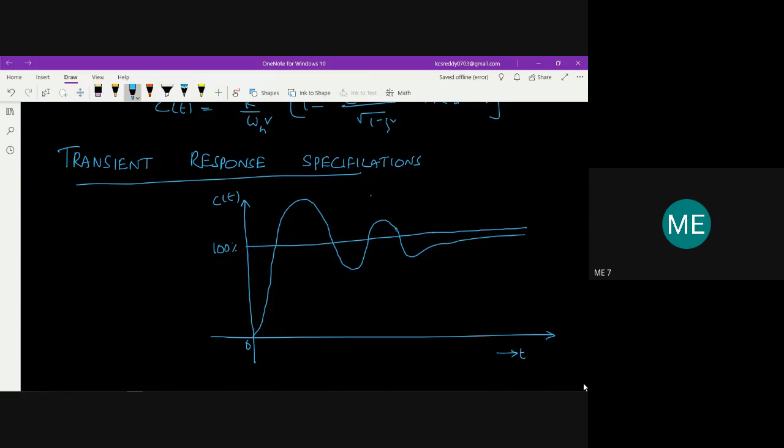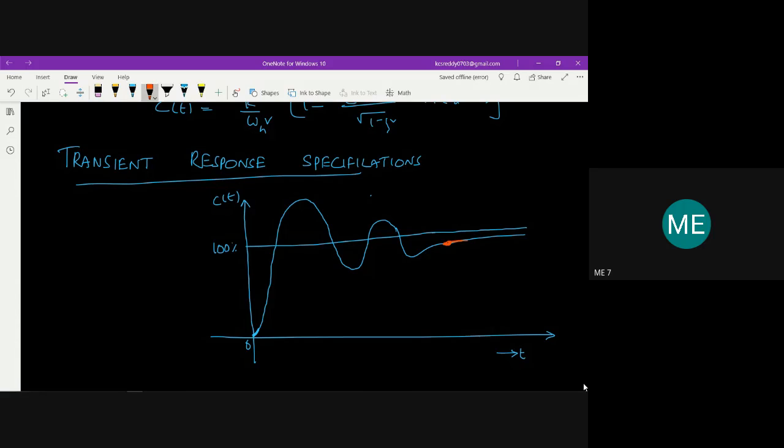Here we have the transient response specifications, which are the time domain specifications. In the time domain specifications, we have the different times, as we told in the previous class. At this particular point, it is called a steady state system.